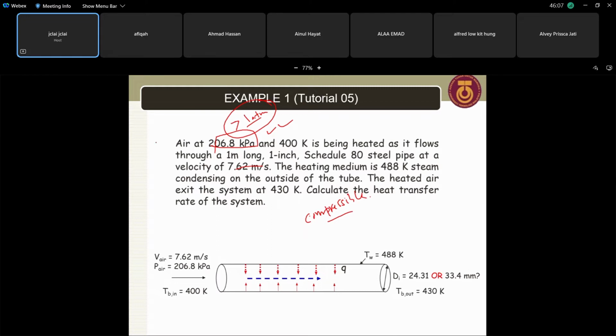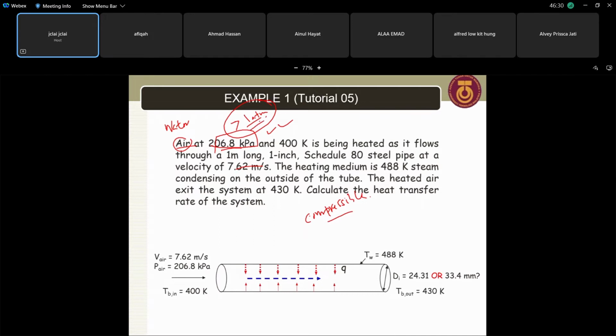So if it is water at this pressure, I think still okay, because water cannot be compressed that much, right? But if it is air, air is compressible, right?